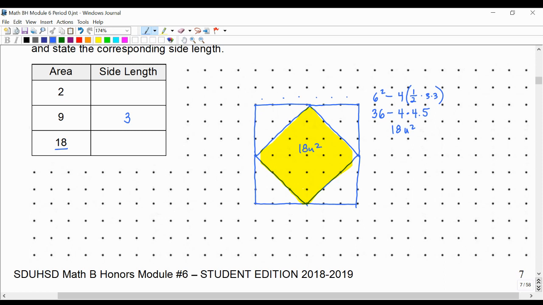which means that the side length, as we have starting to come to see in this lesson, is going to deal with the inverse operation, which means that the side length of this is actually the square root of 18, which if you type it in a calculator is going to give you a pretty nasty decimal.